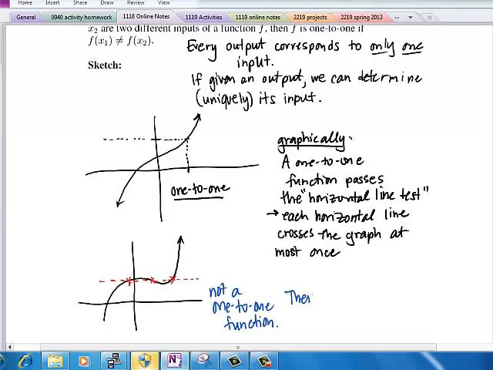Because there are multiple inputs corresponding to the same output.